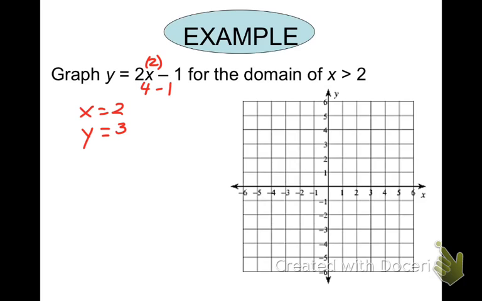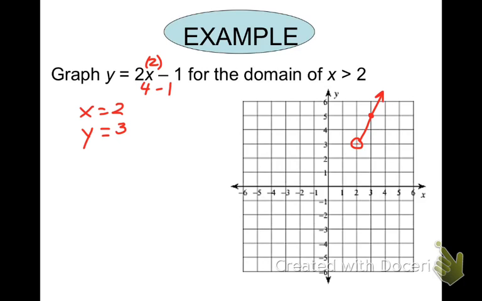Sure. 2, 3. Should I make that dot an open or a closed dot, do you think? Open. Why am I going to make it open? It's not equal to. Very good. So I don't want to include the value of 2, but I want to start at the value of 2. So from that point, what am I going to do to continue the line? Yep, just follow our slope like we did before. Up 2 over 1. Up 2 over 1.